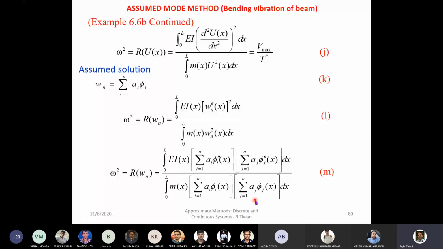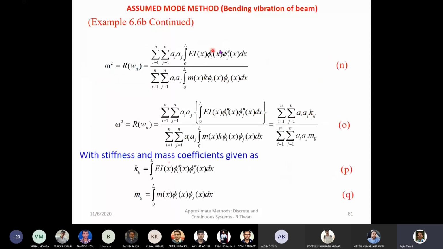Now what I'll do, I'll bring the summation outside the integral, and all the terms which are constant I'll take out from the integral. This is a similar exercise we did in the previous class also. So now you can see that I brought the summation outside, and also the constants outside the integral.